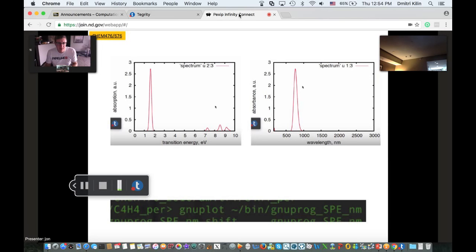Once you guys, have you guys done any dynamics yet, or is that coming up? Not yet? Okay. So then I think that's probably one of the next few things. But once you get into looking at dynamics, you can actually start doing time-dependent absorption stuff with the atomic coordinates of each time step, and then just finding the absorption spectra at each of those.